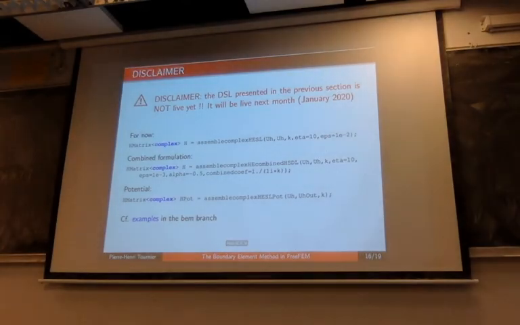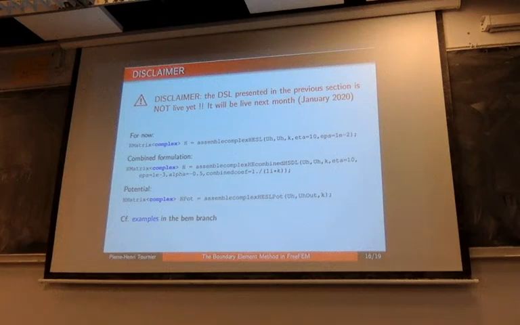Alright. So once again, this is not live yet in the current version. But in the BEM branch of the GitHub repository of FreeFEM, you already have more or less this working, but the language is much less elegant. So for now, there is no variational form, and it is much more rigid, right? So for example, you have long function names like this. If you want to do a single layer potential for Helmholtz, you just call this function.